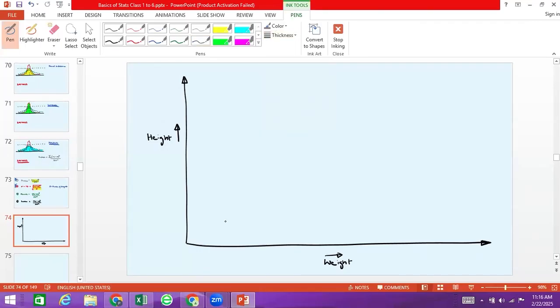So let me create a scatter plot first. Let's say this is one point. This is another point. In general, as the height increases, weight increases, or as the weight increases, most probably the height is also increasing. More or less, this is how the chart will look.